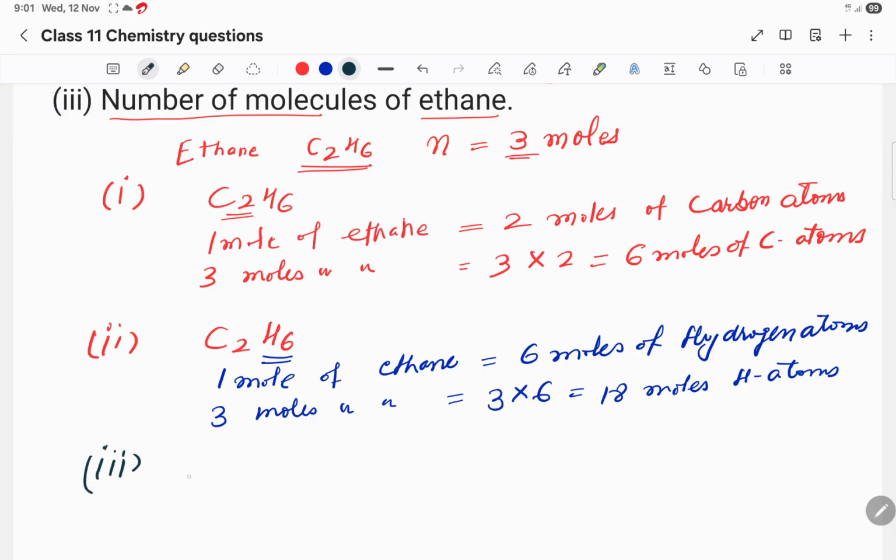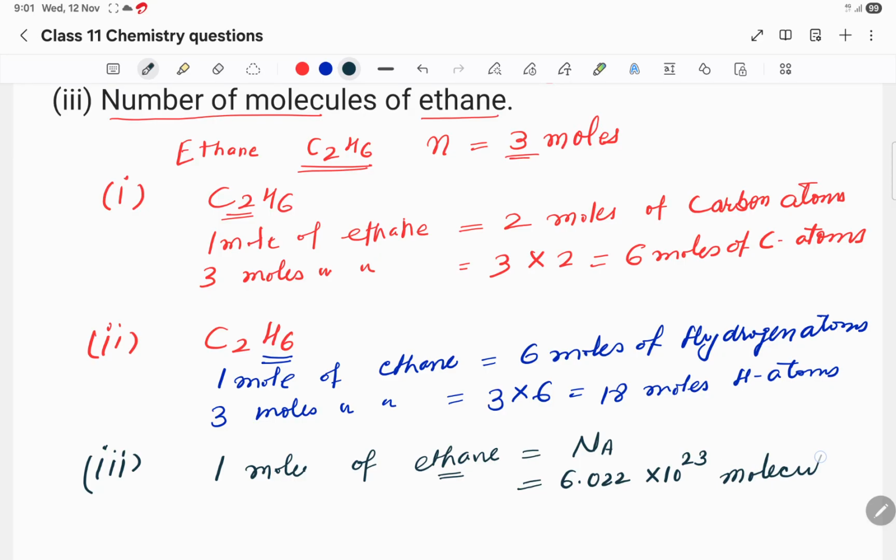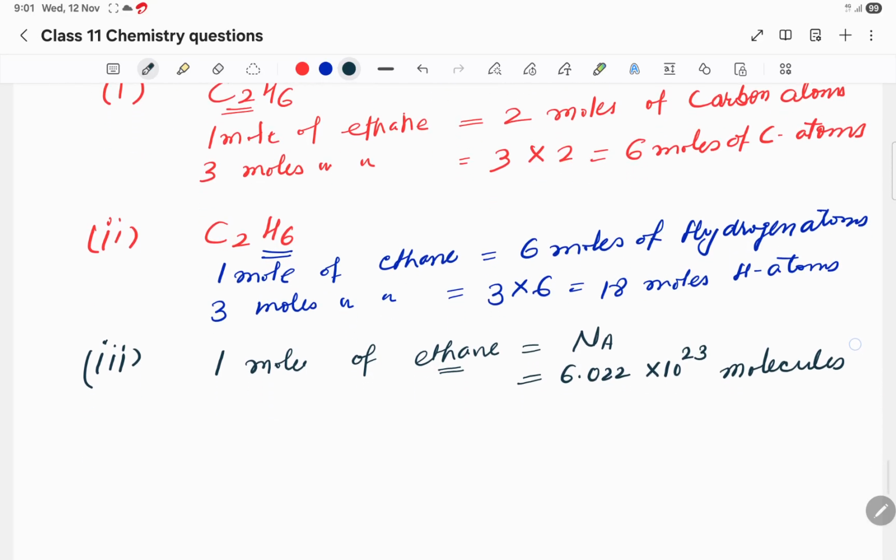Third part of this question is number of molecules of ethane. Okay, so as we know from Avogadro's number that 1 mole of ethane is equal to Avogadro's number, which is 6.022 into 10 to the power 23. Okay, over here ethane molecules, so molecules, right?